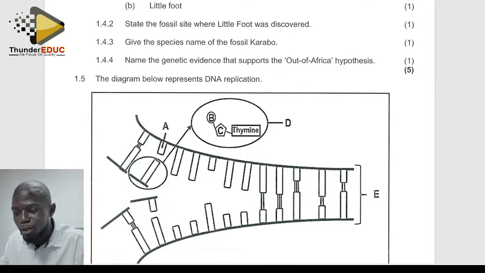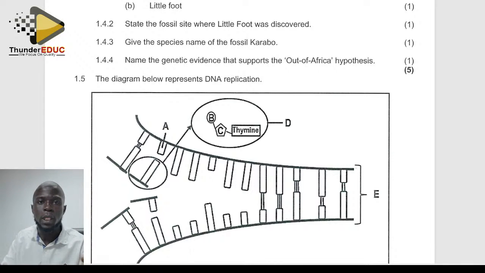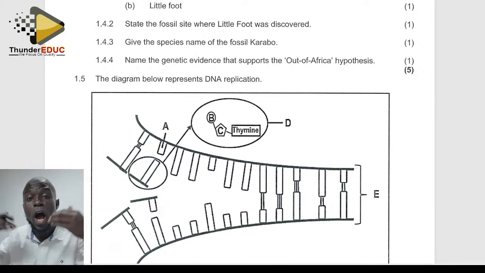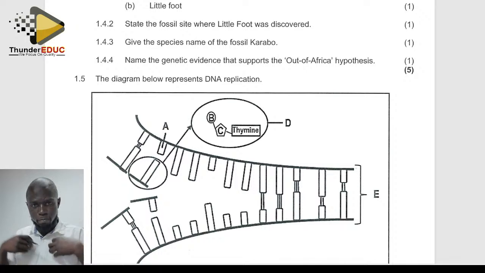Let me know so that I'm able to answer those questions, so that you don't repeat the same thing in the final exam. That's why I do these memos and we discuss them before they even release the final memo. Why? Because it's like you and I are writing the same paper. How will you obtain those marks?